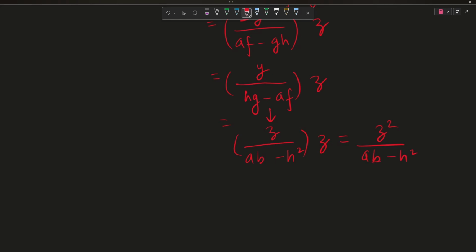Hence proved. We have used here equation 1. So this is how we have achieved it.